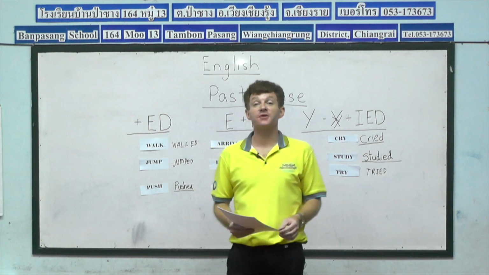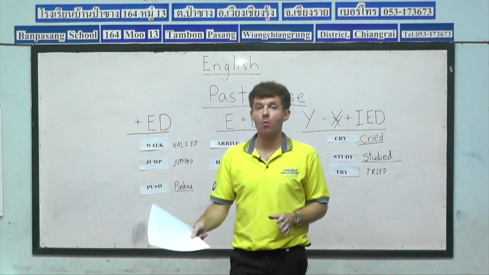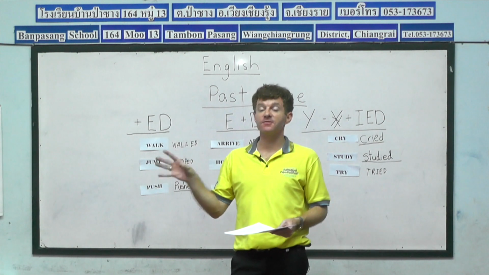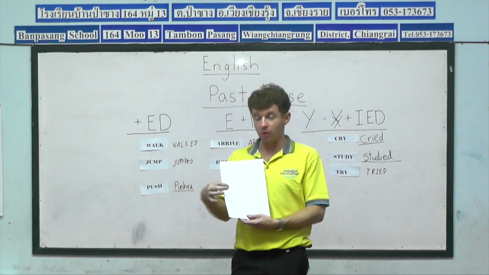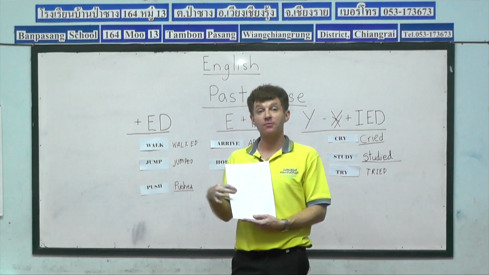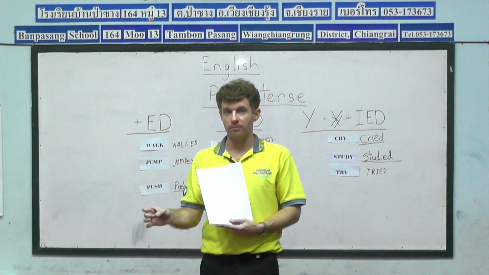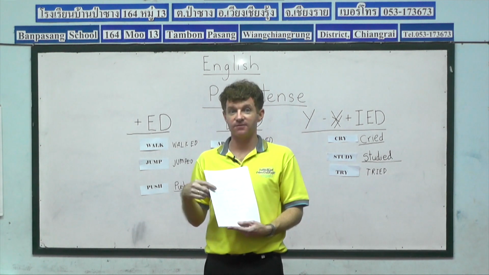And now it's time for our worksheet part of the lesson. So teachers, print out one worksheet for each of your students. And similar to the activity we've done on the board with the flashcards, our students need to look at the vocabulary. And underneath each word, they need to write the past tense form, following the rules about spelling that we've learned today.